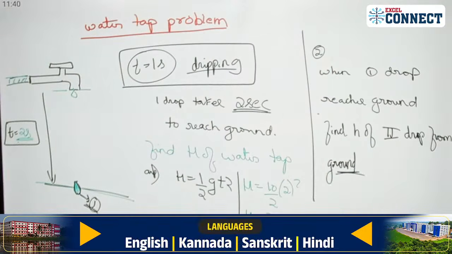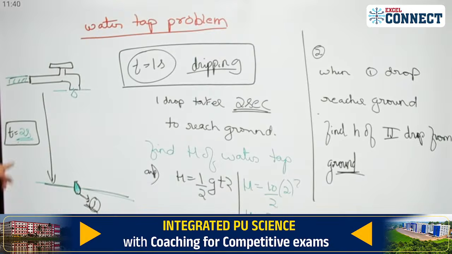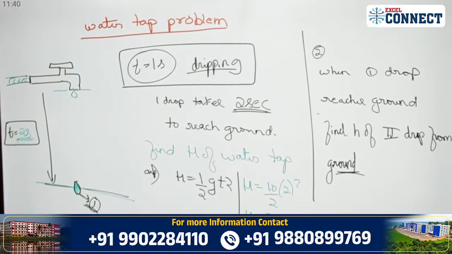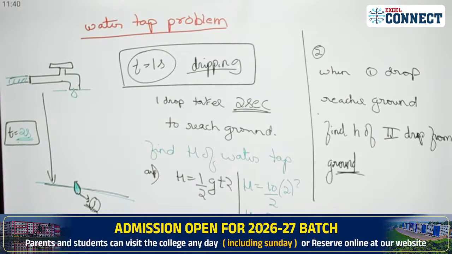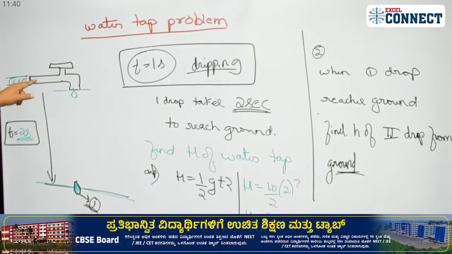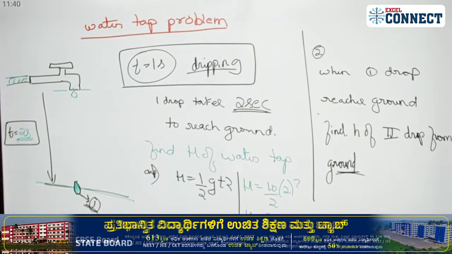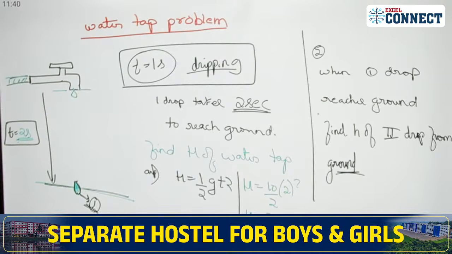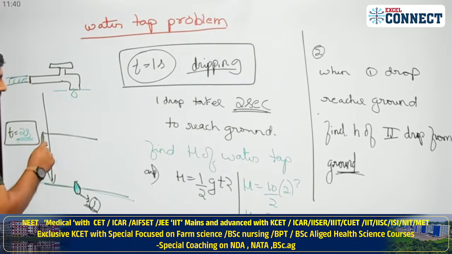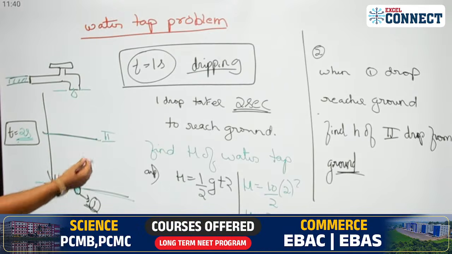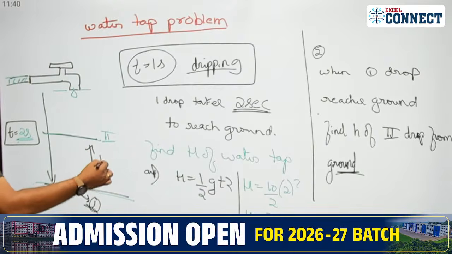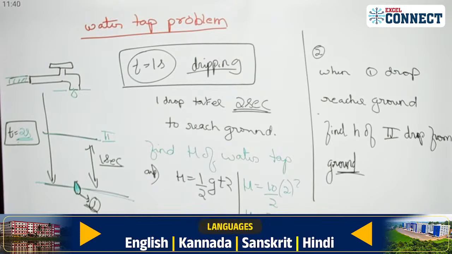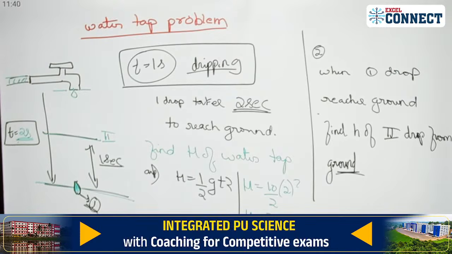So when the first drop reaches the ground, what is the time taken? 2 seconds. And where will the second drop be? The time taken by the first drop is 2 seconds. Where will the second drop be? The second drop will be 1 second behind, right? Is it correct?